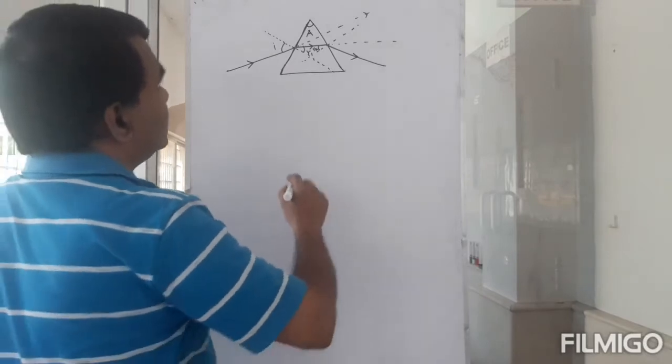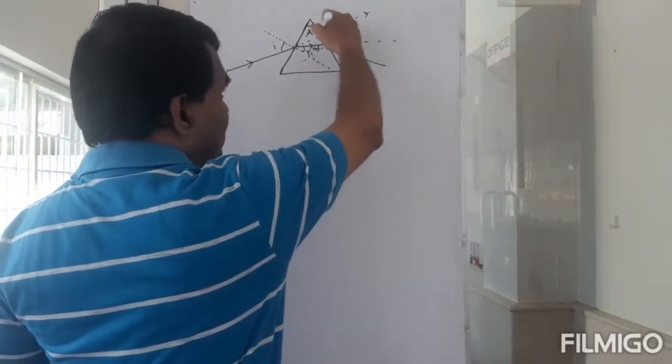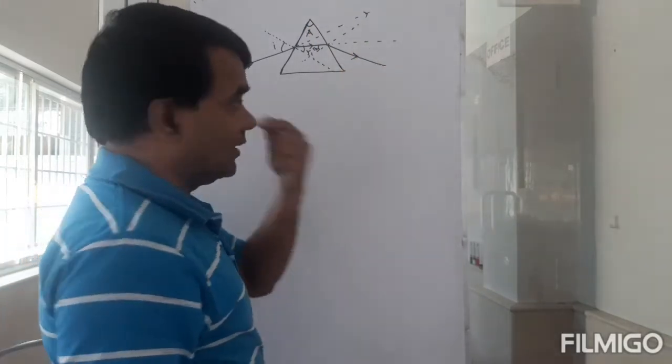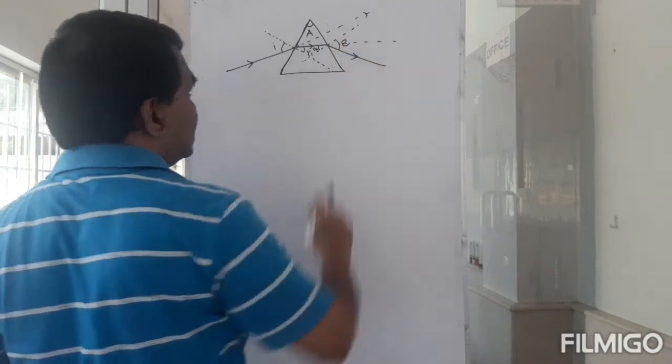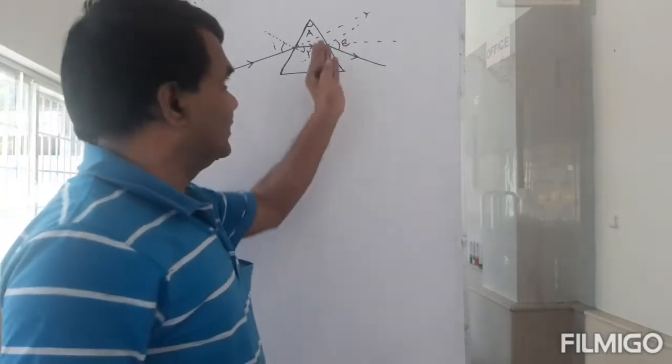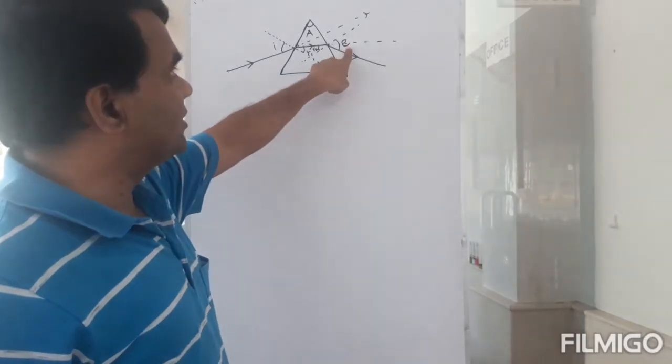The angle between this normal and the emerging ray is called the emergent angle E.